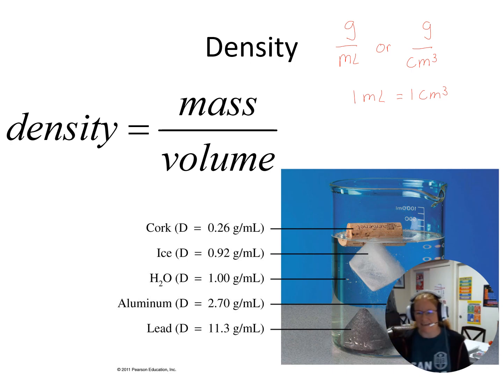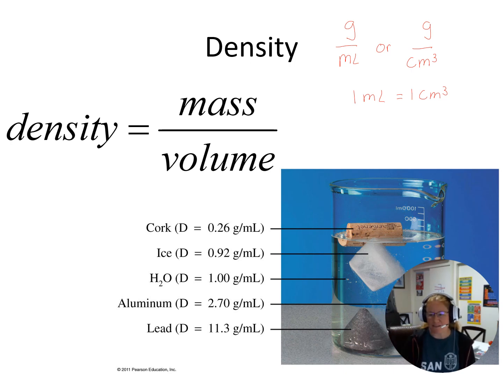When I look at ice, ice's density is very similar to water. Ice is really unique. Most substances, their solid form is more dense than their liquid form. But with water, with H2O, the way water crystallizes, its solid form is surprisingly less dense than its liquid form.